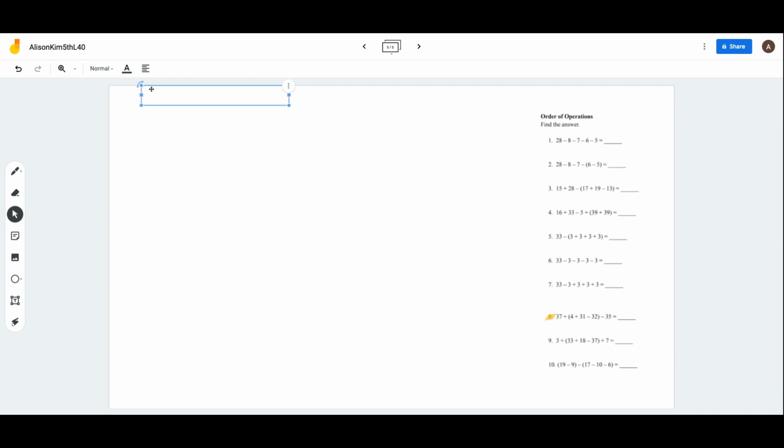It's going to be PEMDAS: parentheses, and then exponents, multiplication, division, addition, and subtraction.